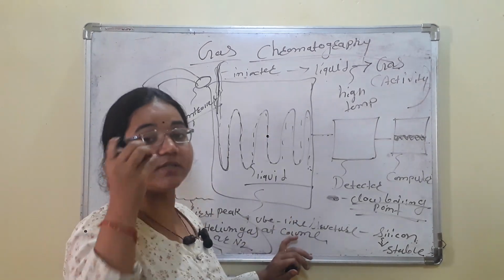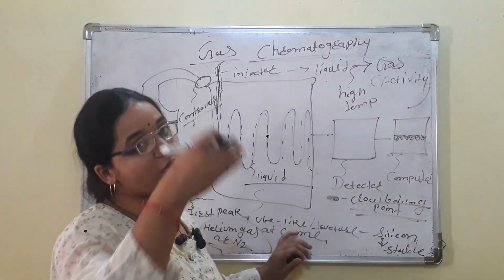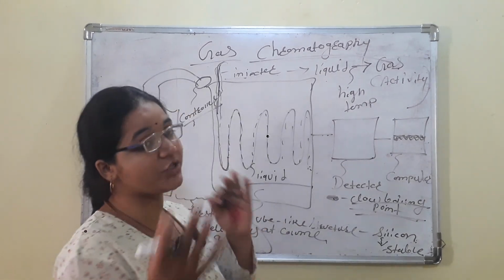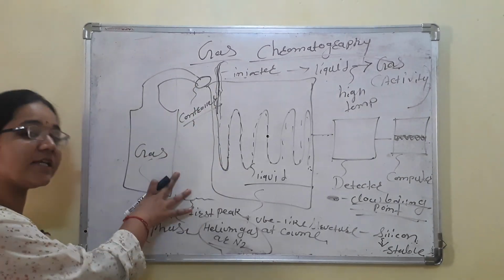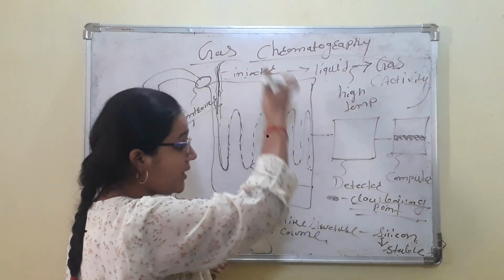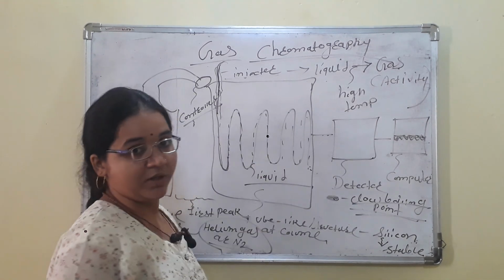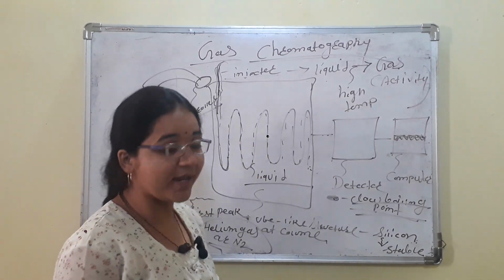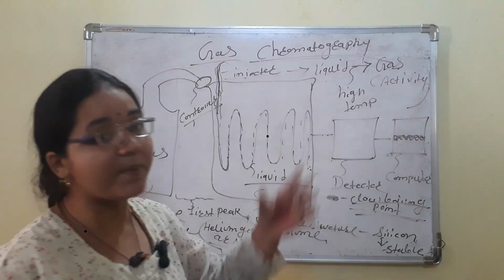The mobile phase in this technique is always in gas form, but depending on the stationary phase, liquid or solid, the name is decided. Mostly it is called gas liquid partition chromatography because the stationary phase is mostly in liquid form, which is very beneficial to move our sample, our molecules, fast.